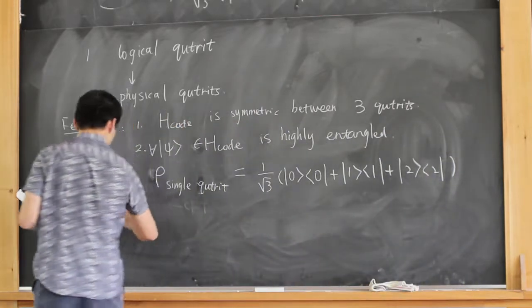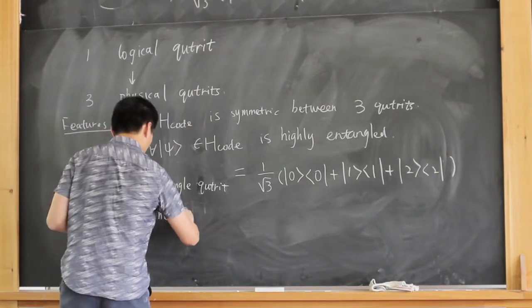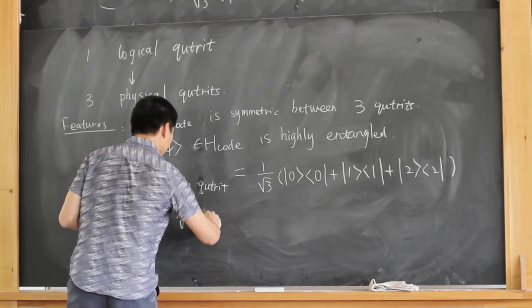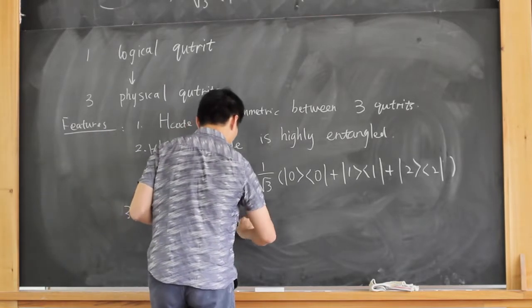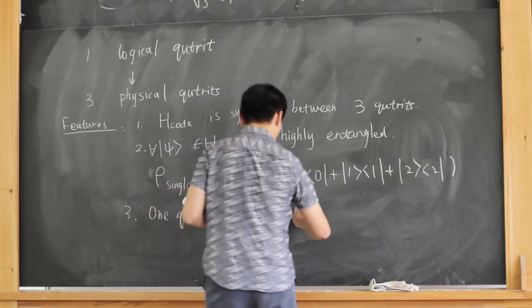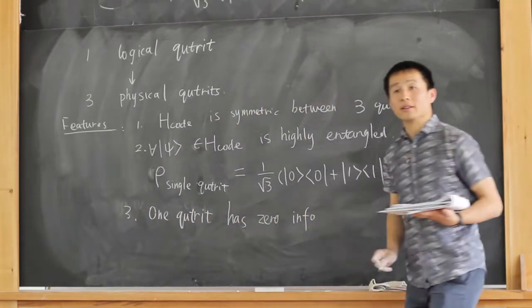What this means is that any one physical qubit has 0 information about the state that Alice wanted to send.